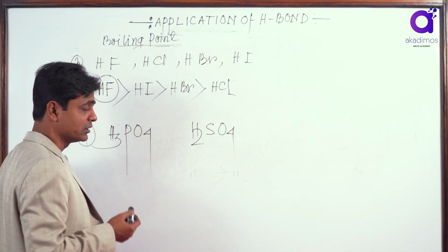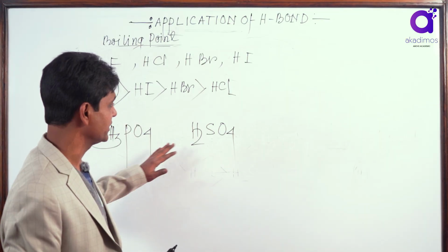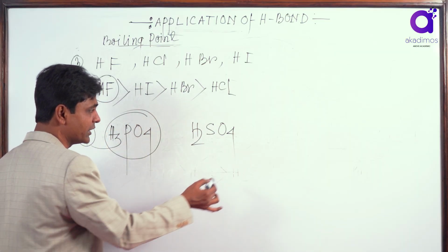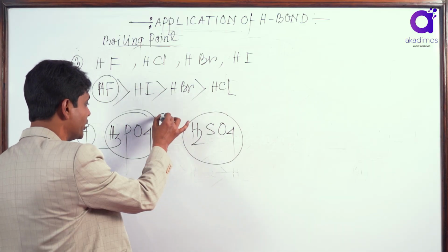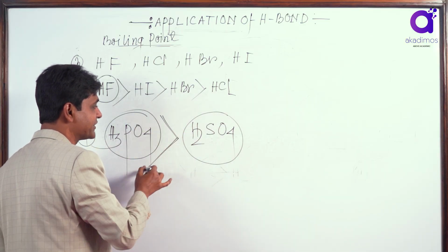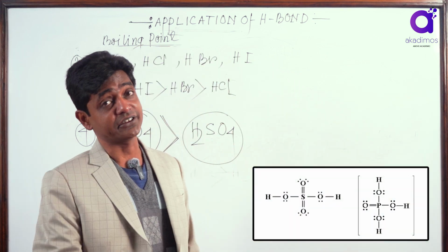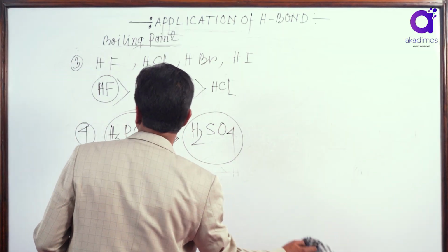You know all 3 hydrogens in the structure exist in OH form. Here 2 OH. More number of intermolecular hydrogen bonds here, fewer intermolecular hydrogen bonds here. That's why the boiling point of phosphoric acid is greater than sulfuric acid, as well as the density of phosphoric acid is greater than sulfuric acid. Hydrogen bond explained this phenomenon.